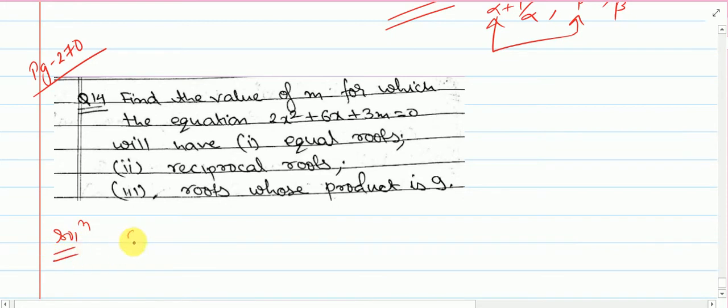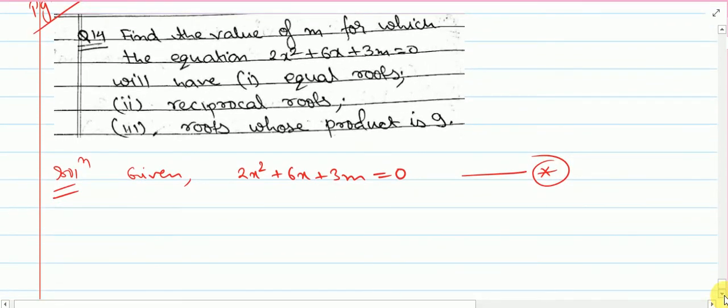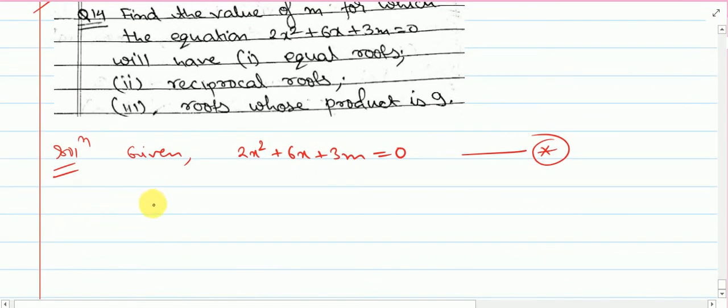Solution: given 2x square plus 6x plus 3m equal to 0, let me give this as star. Now first thing, we have to find the value of m if this has equal roots. So number one, equal roots.